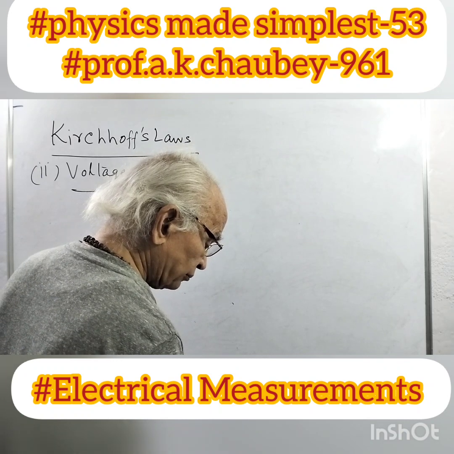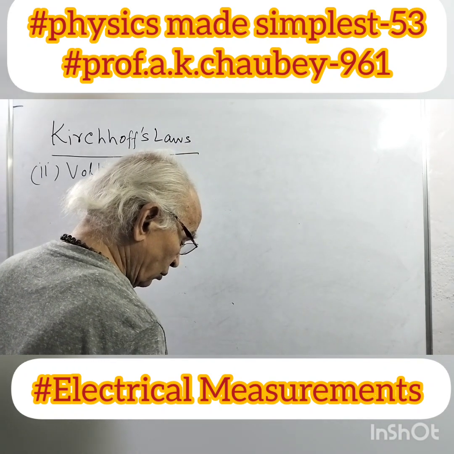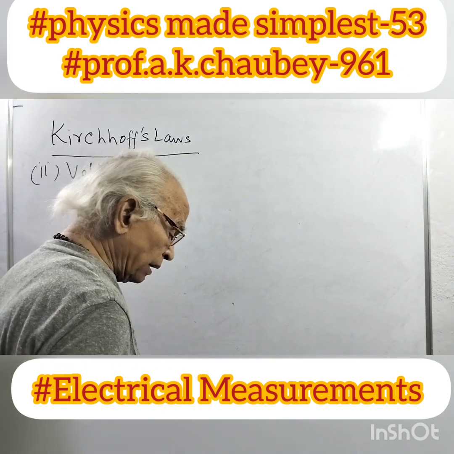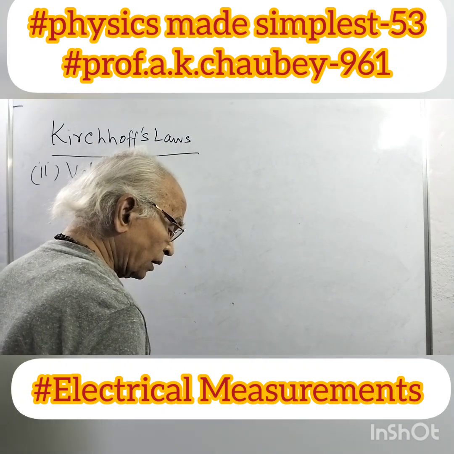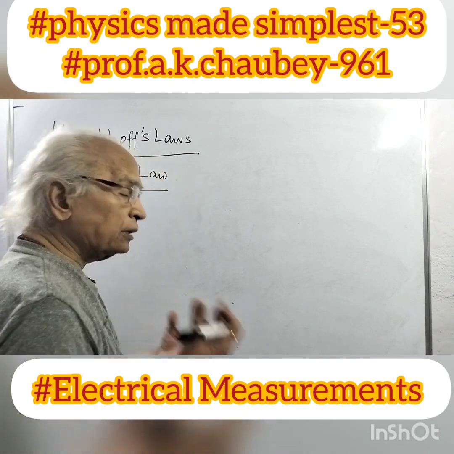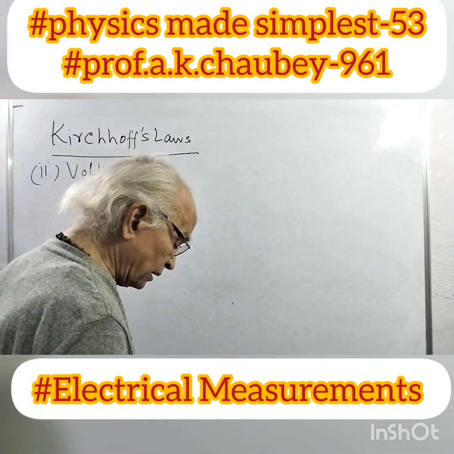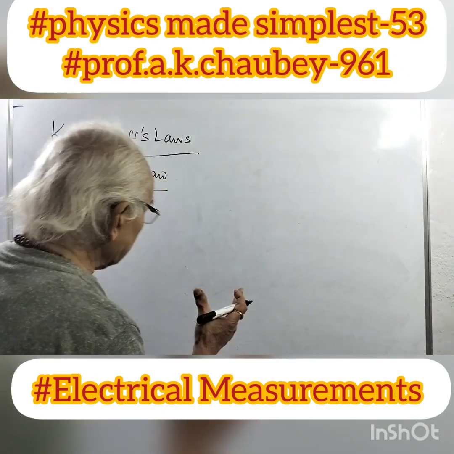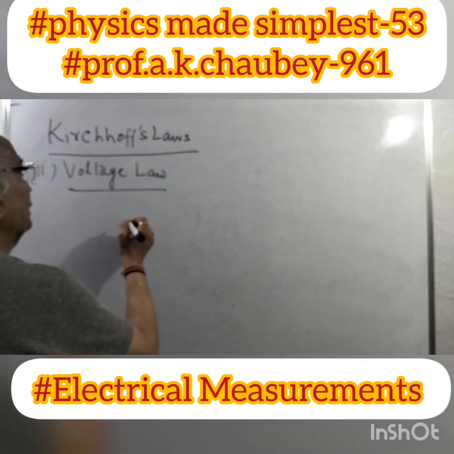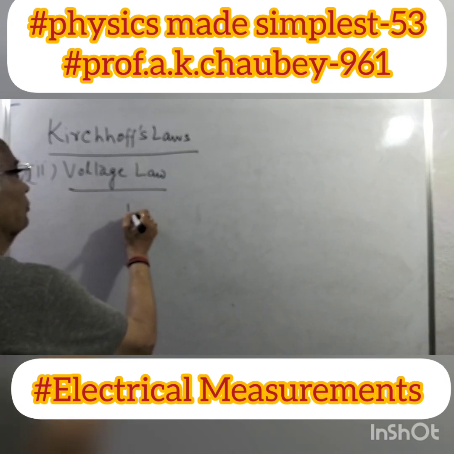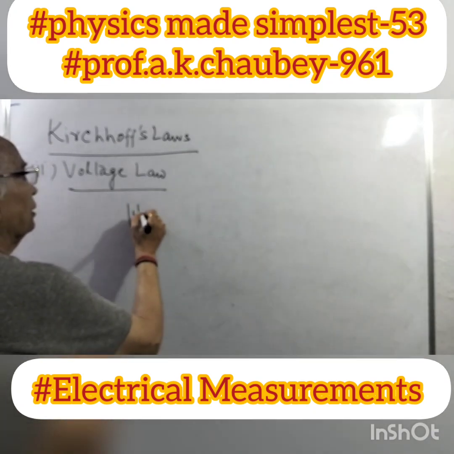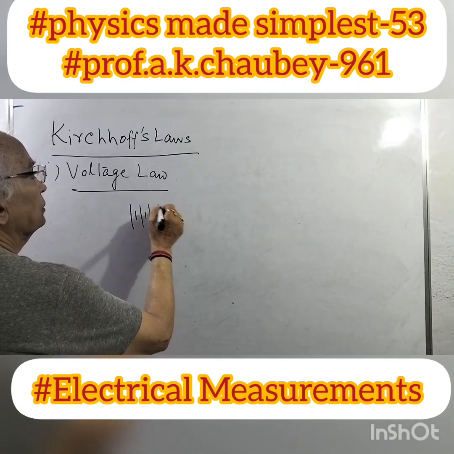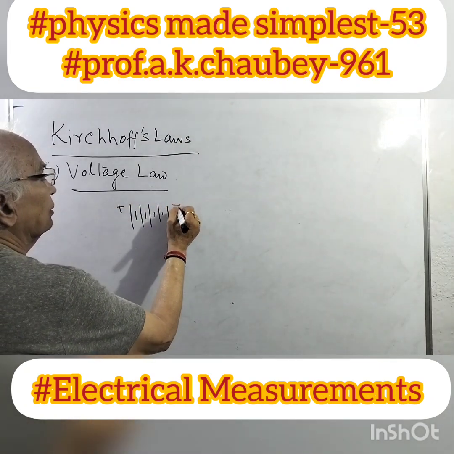We can have a circuit with many potential sources or many resistances. I start from a simple circuit: a source of potential, a battery, many cells connected together. This is the positive end, this is the negative end.